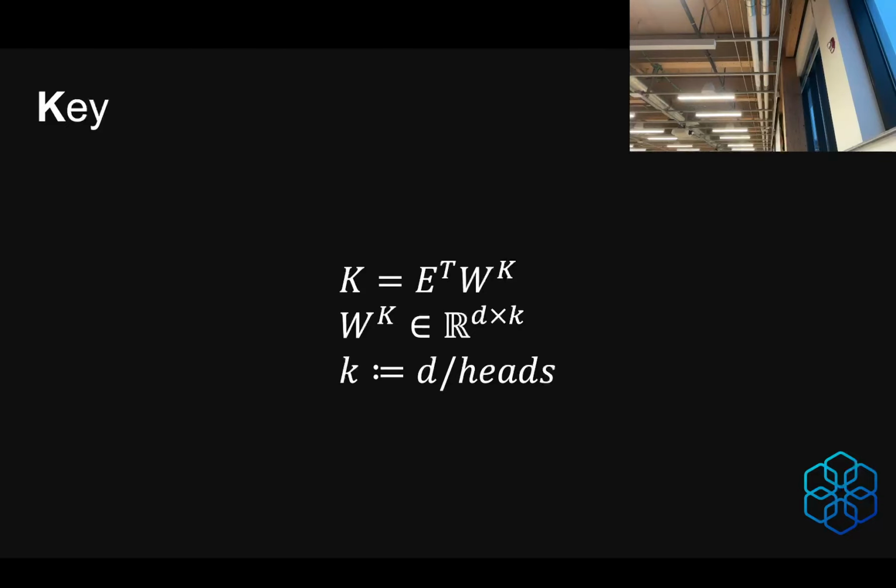And what is k? K is the dimension of our model divided by the number of heads. I'm hoping that as I go through this, you will figure out with some intuition why we are doing this, and why this isn't the shape of our full dimension. Why has it been shrunk to just this smaller dimensional space?